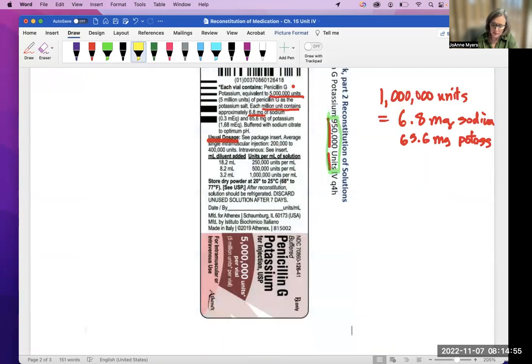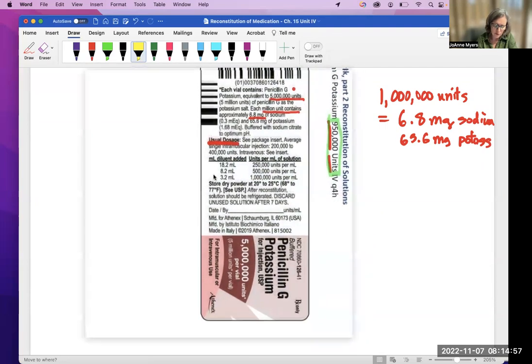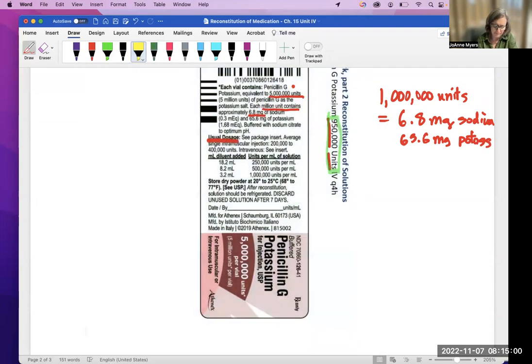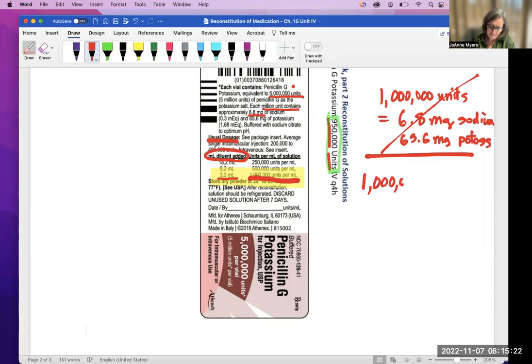So the amount of diluent that will be added is 3.2 milliliters. This is the amount of liquid you're going to put into the vial. That's not going to be used after you put it into the vial. The important part is that 1 million units will be the same thing as 1 milliliter.